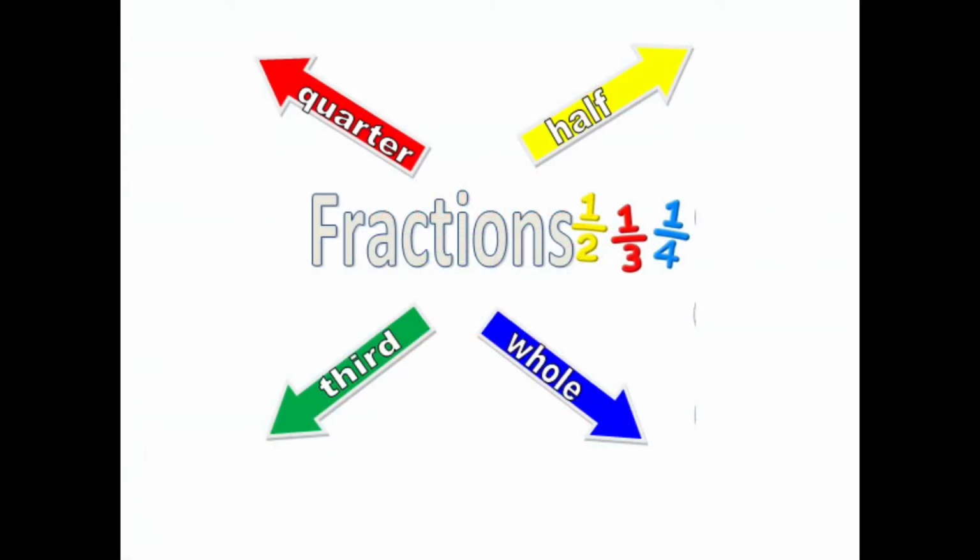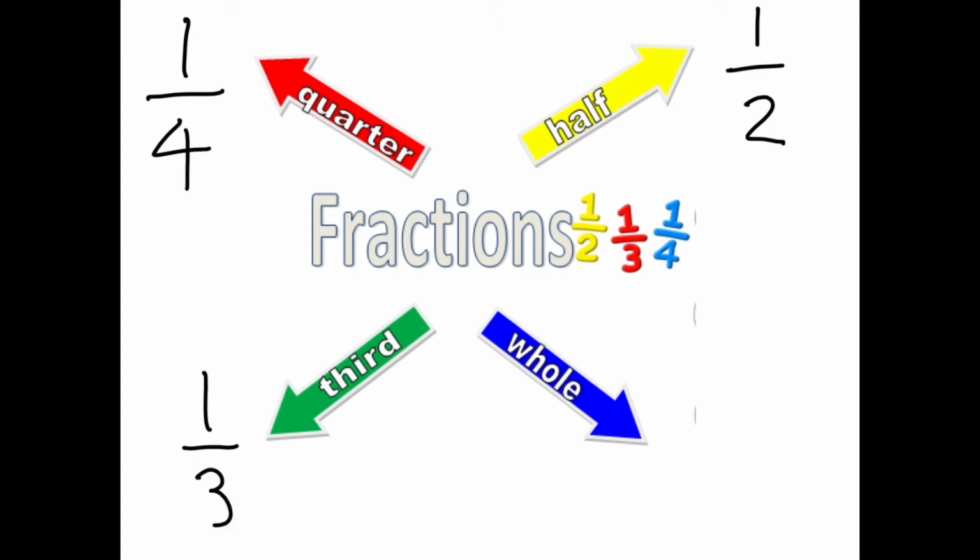Today we're starting our new maths topic about fractions. Now, a fraction is a part of a whole, and here we've got written the names of some different fractions. So you might have heard some of these before. Half, a quarter, sometimes people call that a fourth, a third, and a whole, which means 1.